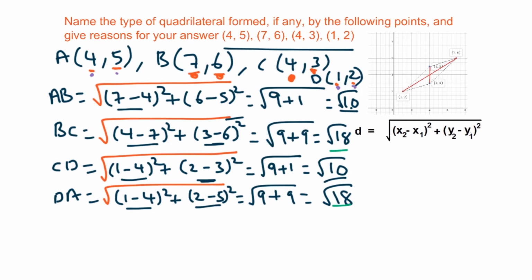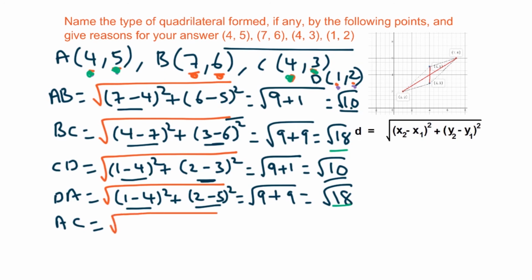So that can be confirmed after finding the lengths of the diagonals. If the lengths of the diagonals are equal, then that is a rectangle. If they are not equal, then it is a parallelogram. So we will find the first diagonal AC. So let us say that this is x1, y1 and x2, y2.